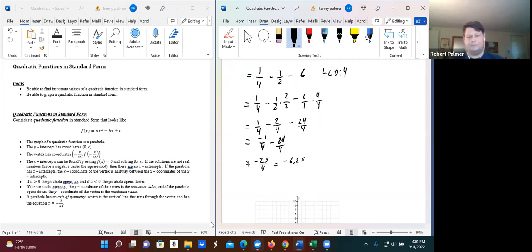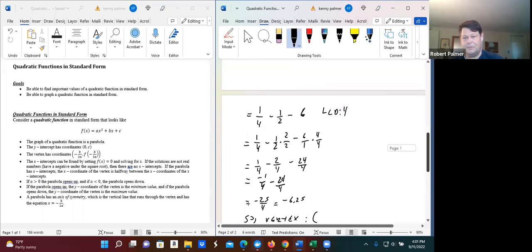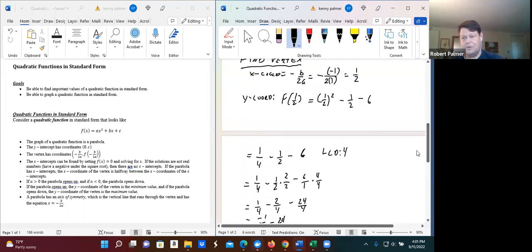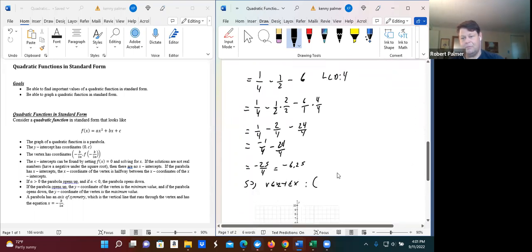Okay, so the vertex has the coordinates 1/2, positive 1/2, and negative 25/4.